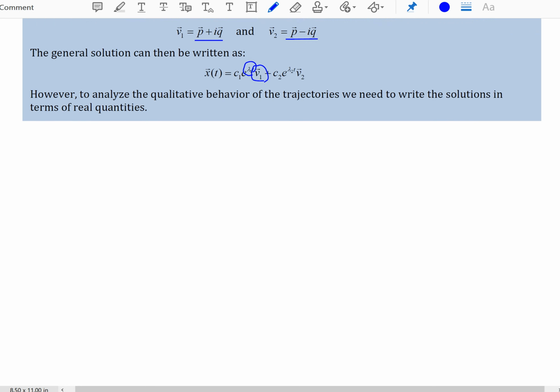And to rewrite them, let's consider just one of these terms for a moment. The e to the lambda 1 t v1. Now, if we substitute in here what our eigenvalues and eigenvectors look like, then we'll get the expression e raised to the alpha plus i beta times t times our eigenvector, which is going to be of the form p plus iq.